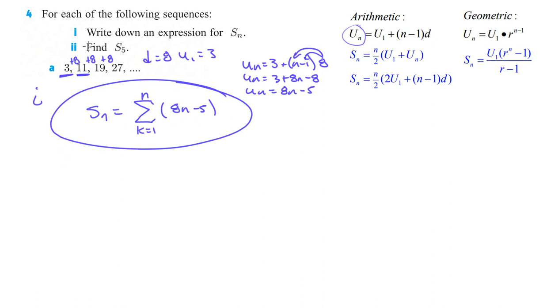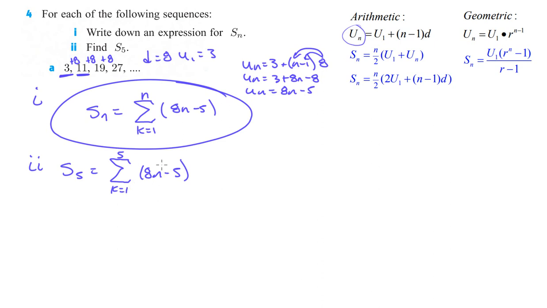Okay, part 2, find the S of 5. So for part 2, S of 5 means that we're going to now take this summation notation, with k equals 1, but instead of going up to n, we're going to go up to the first 5 terms, and then we'll do 8n minus 5.